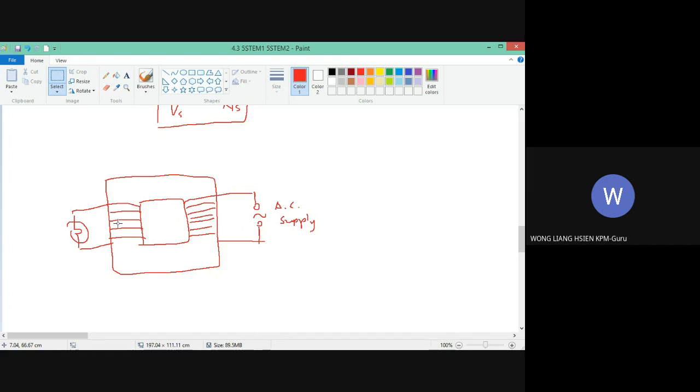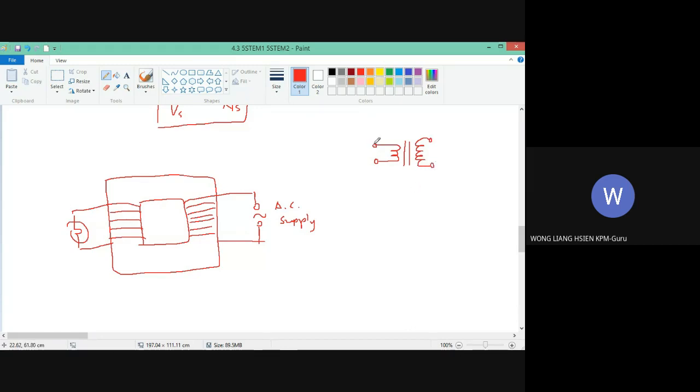It will be the same for the electronic symbol also. So for example, this is the electronic symbol of a transformer.